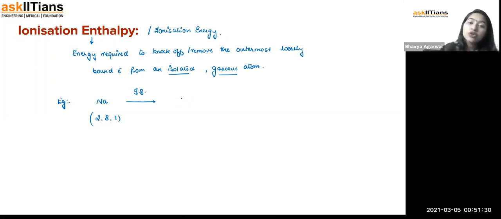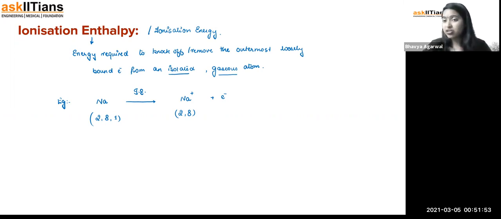When I give that energy, that electron is removed and the new electronic configuration is this, and sodium gets a positive charge. So ionization enthalpy works for electropositive elements, because I'm removing the electron, making that element positive in nature, right? A cation.